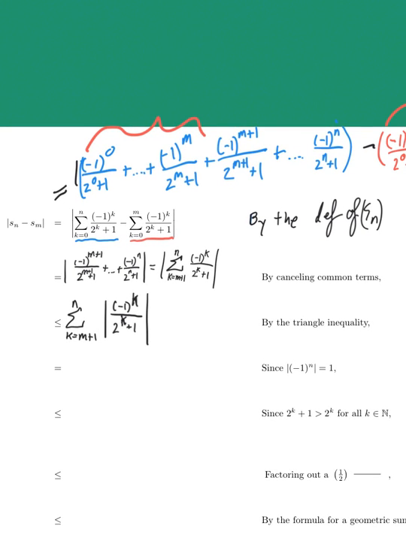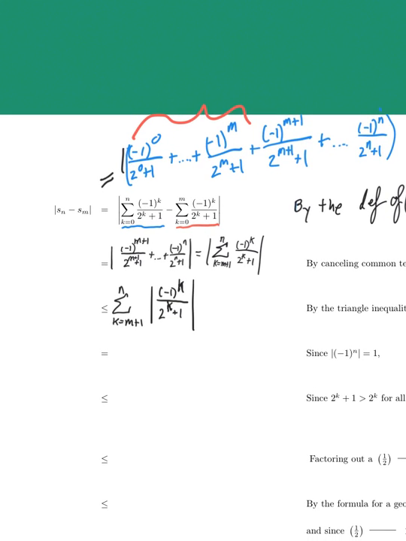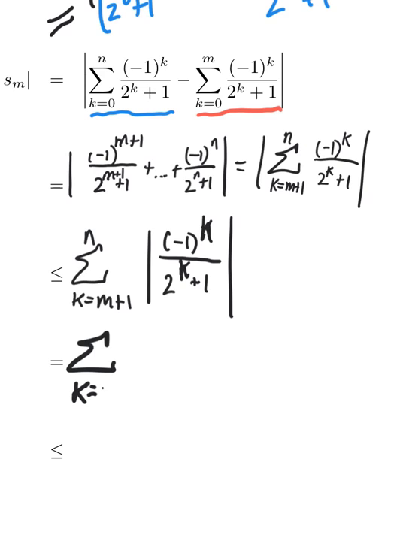Okay, so now we can manipulate this. Negative 1 to the k just alternates between plus and minus signs, and the denominator is just positive, so I know exactly how to deal with the absolute value bars. That is exactly the same as the sum from k equals, let's zoom in so I don't write on top of myself, m plus 1 up to n of 1 over 2 to the k plus 1.